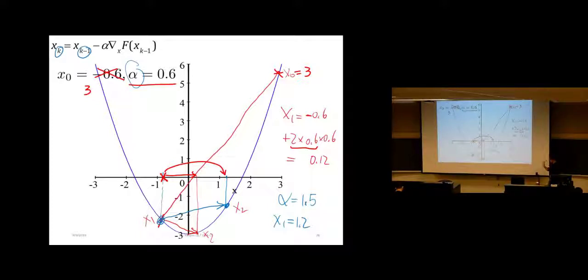We already calculated. Then from x1 you calculate x2. It really moves to here. So x0 moves to x1, x1 moves to x2.